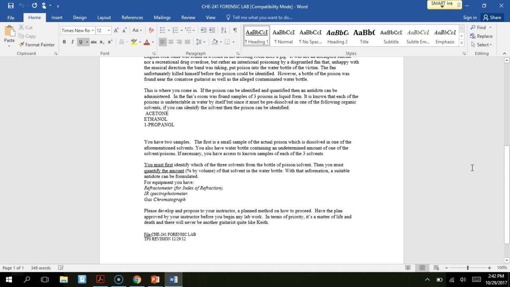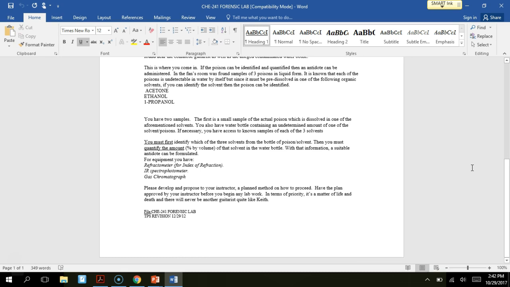Now, we don't know what the poison is, and the fan isn't around to ask. But what we do know is the poison had to be dissolved in an organic solvent before it was administered.